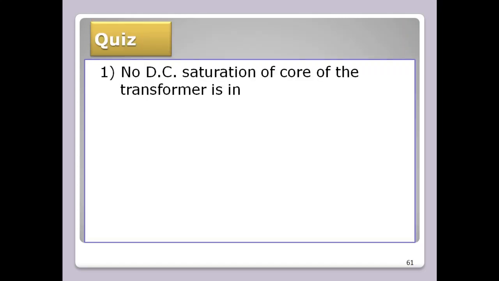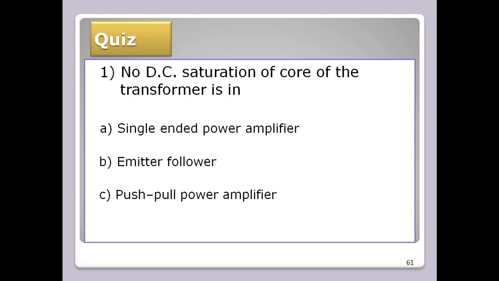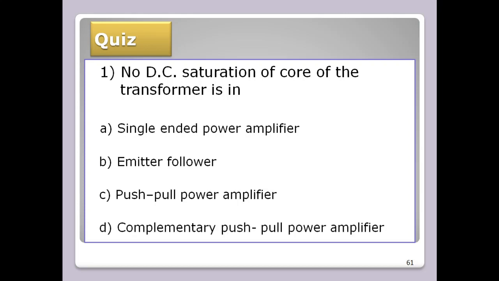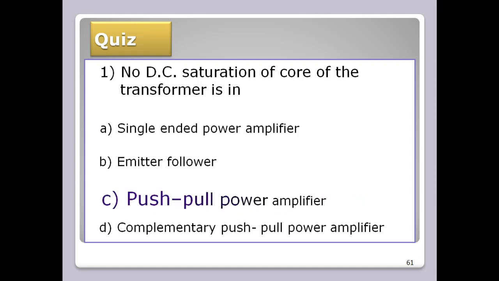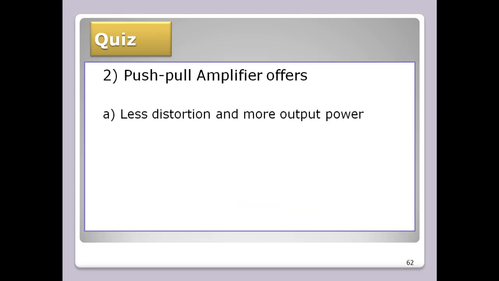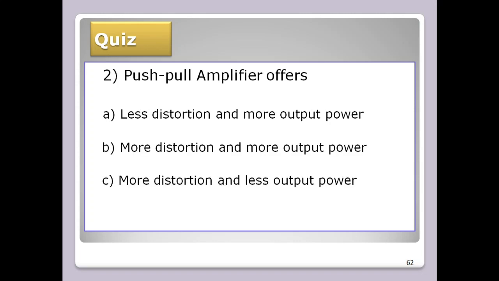So let us go through a small quiz. No DC saturation of the core of the transformer is in: single-ended power amplifier, emitter follower, push-pull power amplifier, or complementary push-pull power amplifier. The answer is the push-pull power amplifier, because we have discussed that one. A push-pull amplifier offers: less distortion and more output, more distortion and more output, more distortion and less output, or less distortion and less output power.